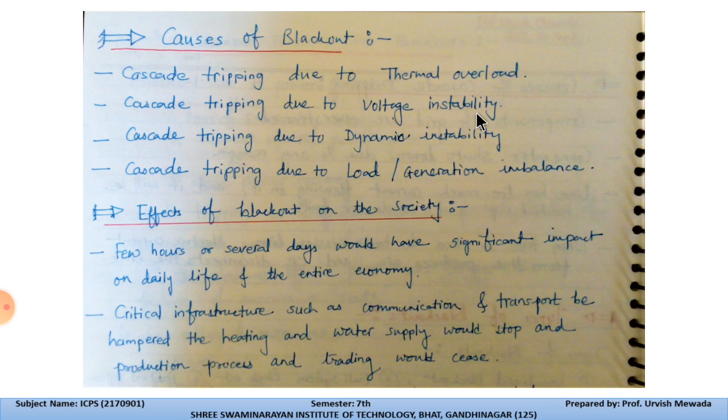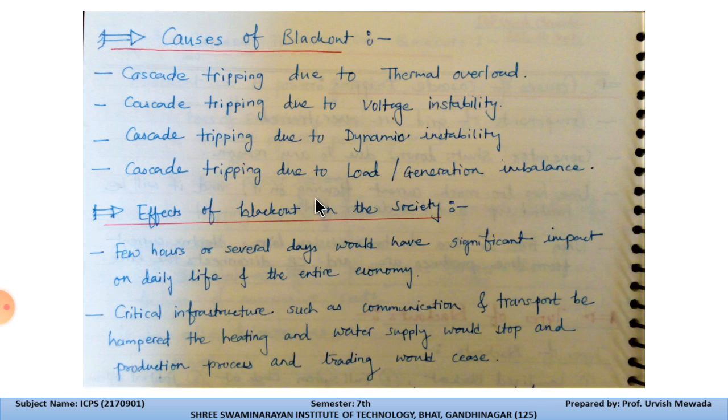Then cascade tripping due to voltage instabilities occurs just because of the failure of a generator, or a sudden heavy load increase or decrease. Then cascade tripping due to dynamic instability, meaning whenever the system is in healthy condition and the load is continuously changing, increasing or decreasing, dynamic instability will occur. Then cascade tripping due to load or generation imbalance, meaning load is more and generation is less.